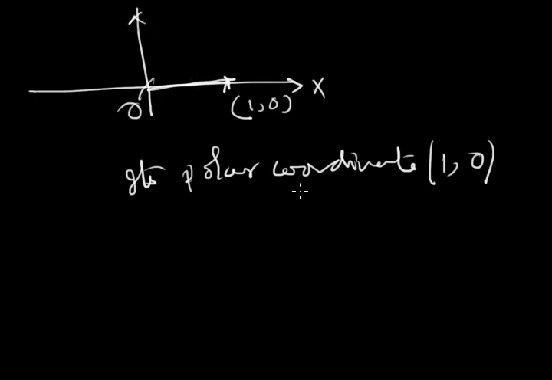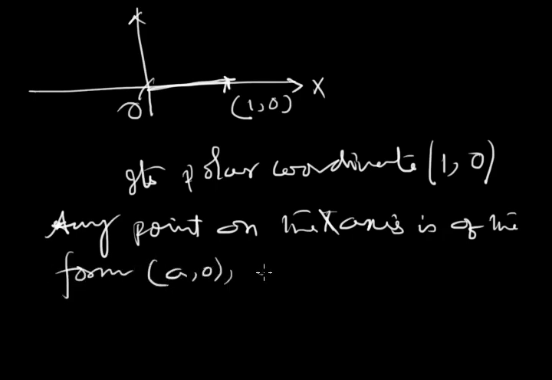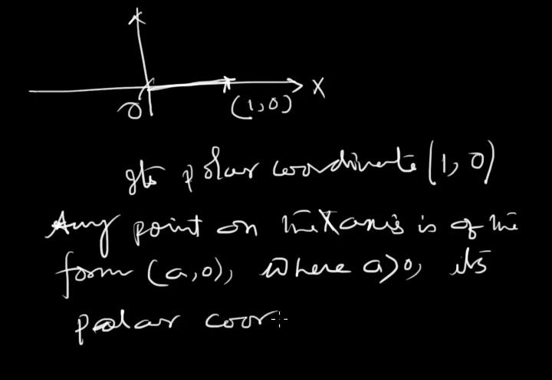So any point on the x-axis is of the form (a, 0) where a greater than 0, its polar coordinate is (a, 0).